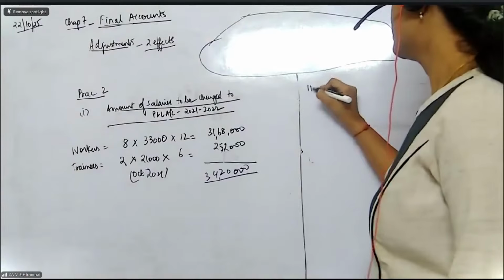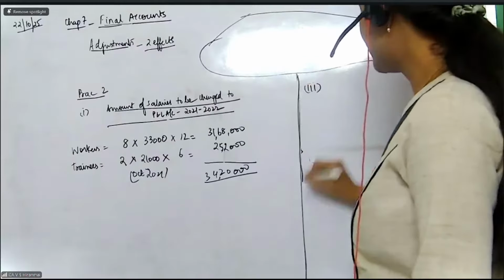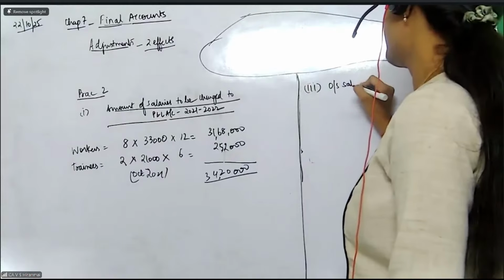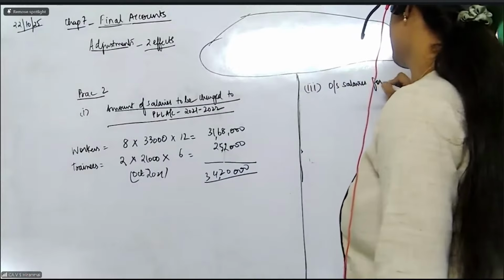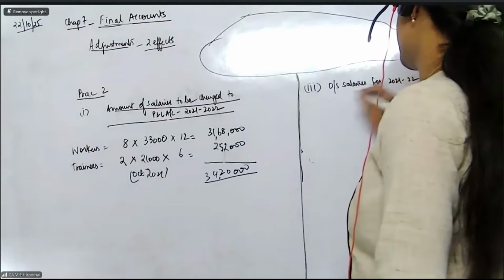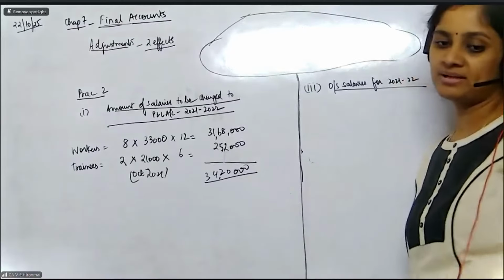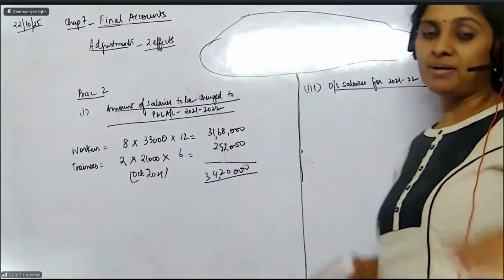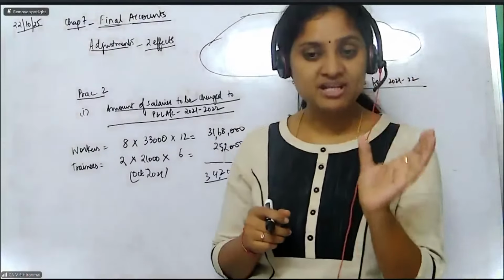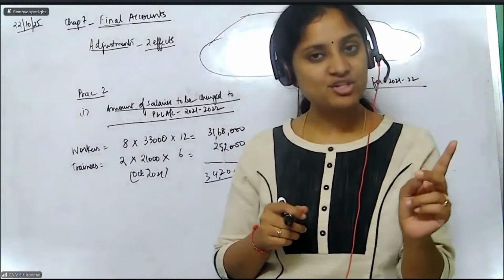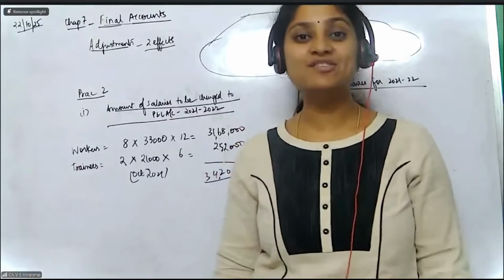Good. Now the third one, you tell me outstanding salaries for the year 2021 to 2022. You tell me how many months there will be outstanding. My dear students, if January month is getting over, the salary for January will be paid in which month?